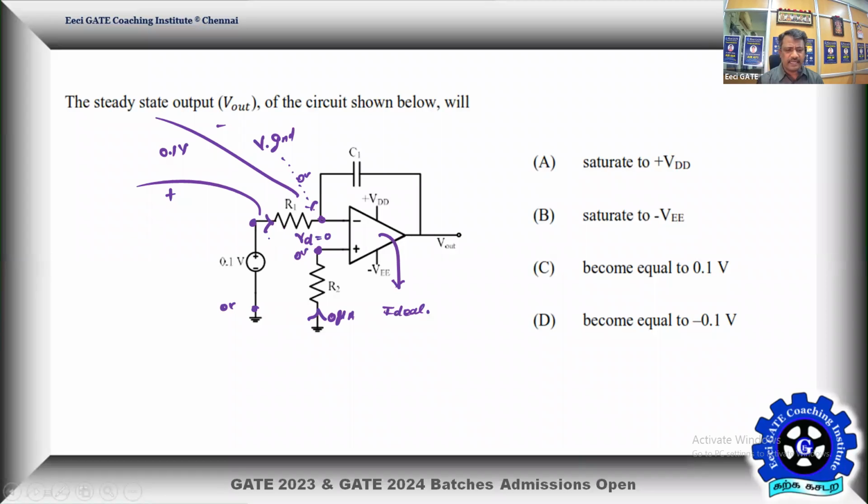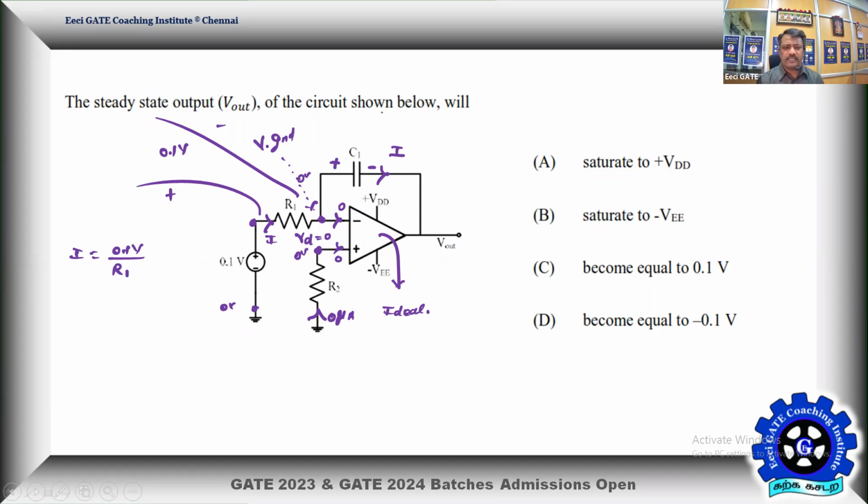That is setting the current I. So let the current I be equal to 0.1 volt divided by R1. Assuming once again an ideal op amp, there are no input currents at the inverting as well as non-inverting terminal. Therefore the entire current I is going to pass from left to right through the feedback capacitor. That is going to charge the capacitor, this side plus and this side minus.